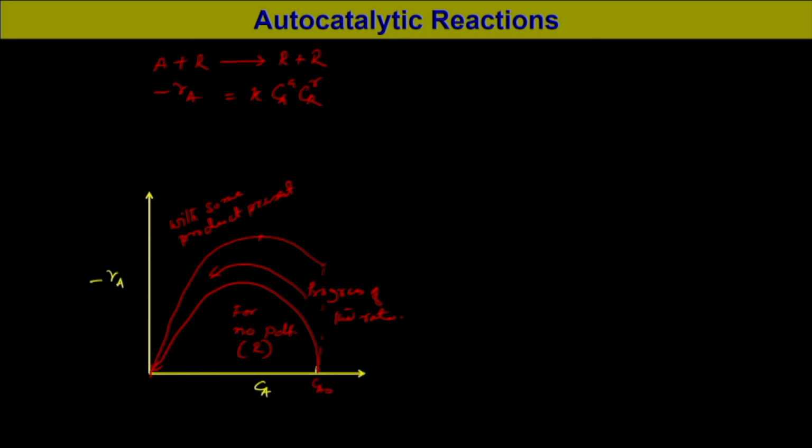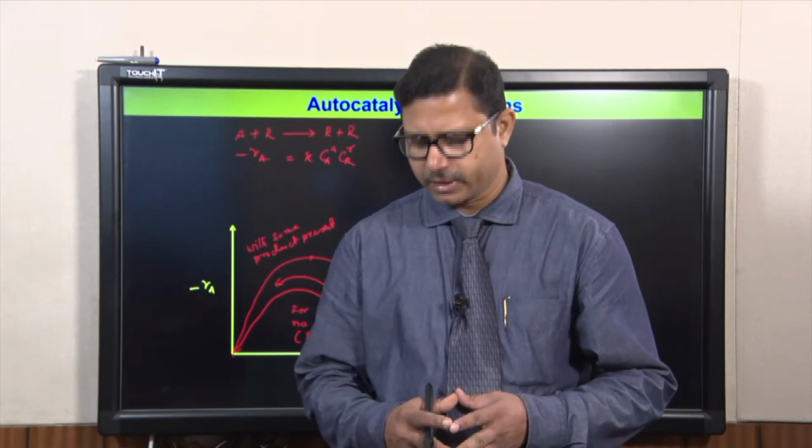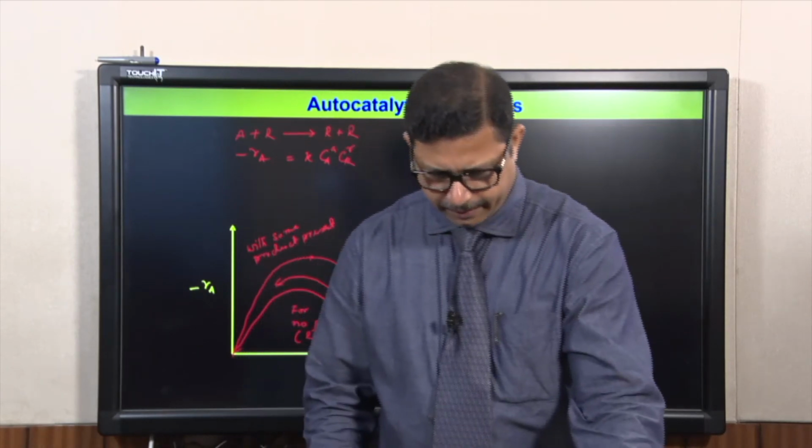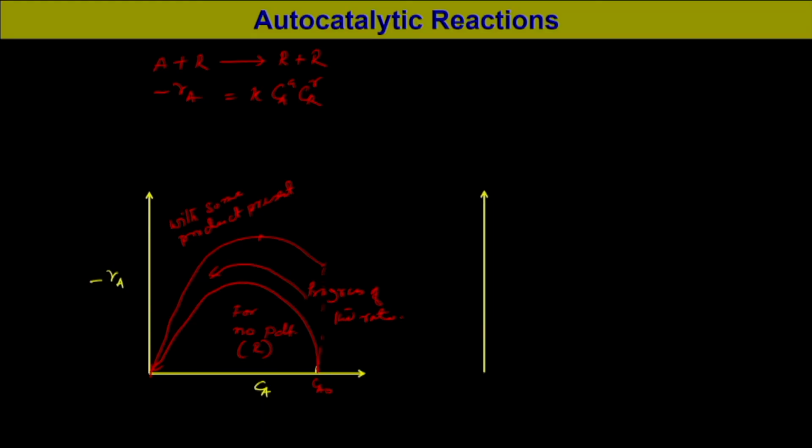Now, this autocatalytic reaction leads to a very interesting optimization problem, as we can see, because it gives a maximum or minimum. Once the reaction starts, it reaches a maximum or minimum and then goes to completion. So, if we plot minus 1 by Ra versus XA conversion, the plot would be like this.